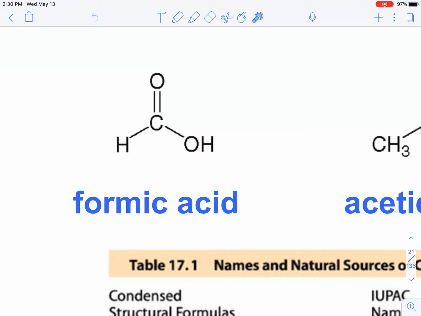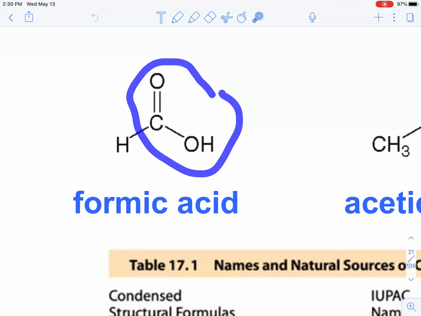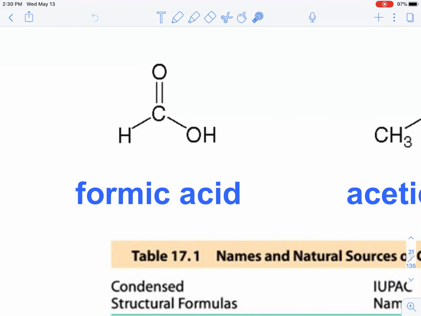Now, if you have a 1 carbon carboxylic acid, then the common name of this molecule is going to be formic acid.